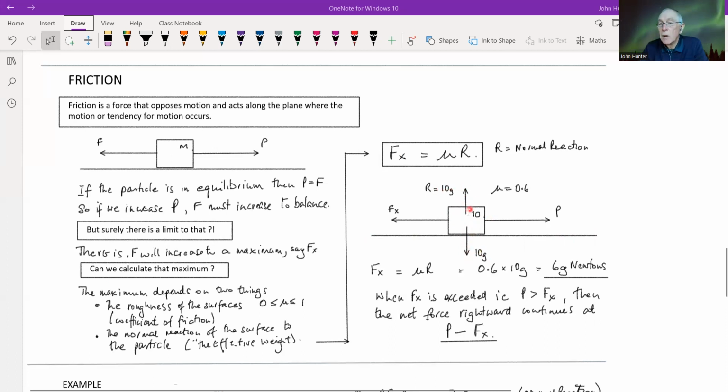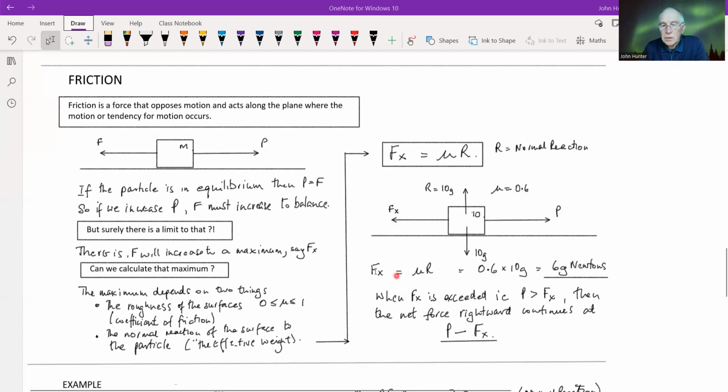We've no motion in this vertical direction, so these two forces must balance out. I've defined a coefficient of friction of 0.6 here, force pulling it forward, friction pulling it backwards.